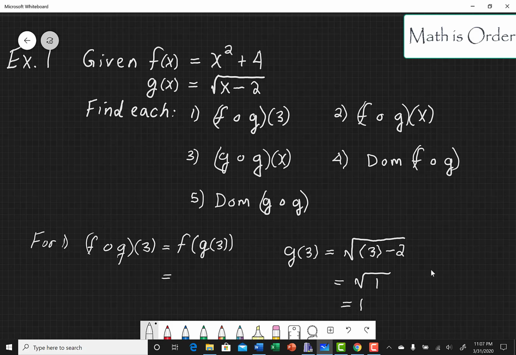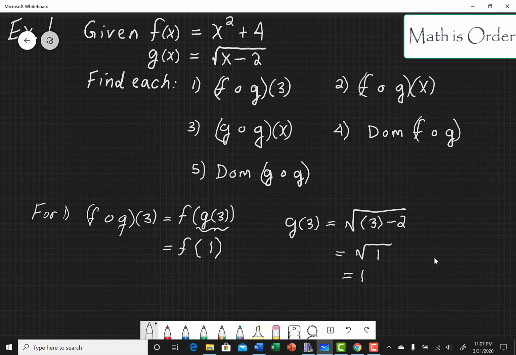All right, so now that we found g of 3, we're going to substitute that back in here, because g of 3 was 1, and now we can proceed further. Now the question is, if you substitute 1 into the function f, what is the value going to be?